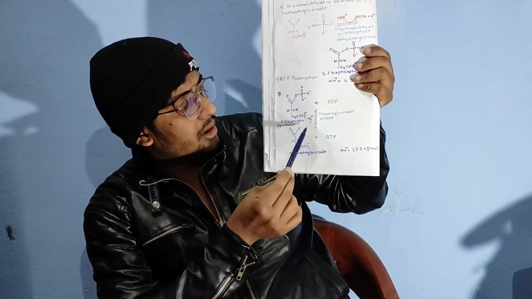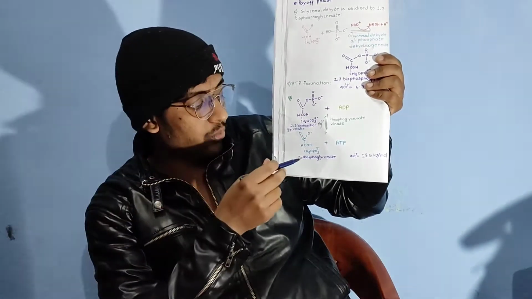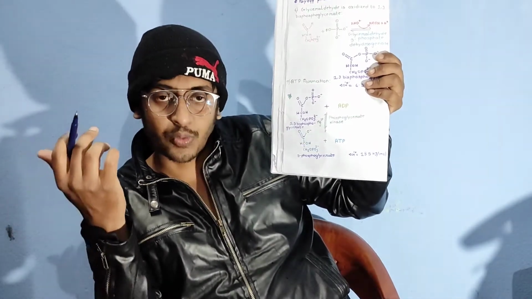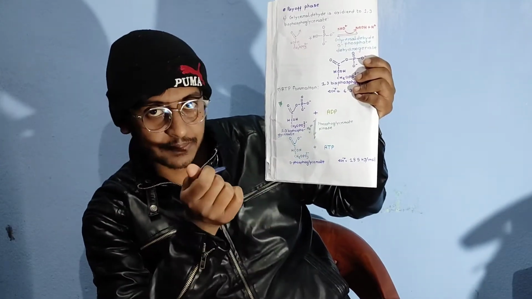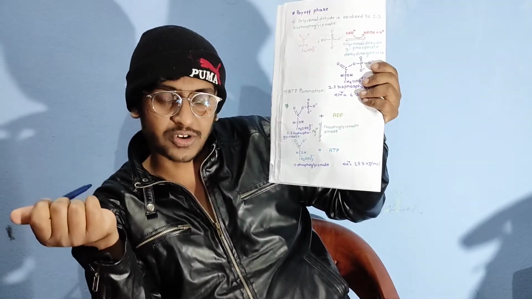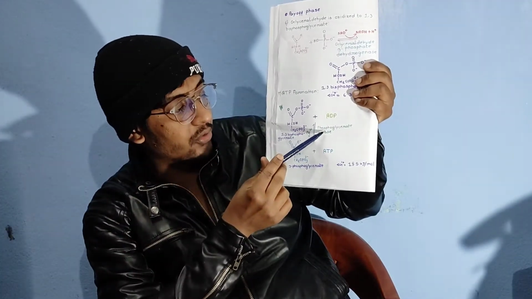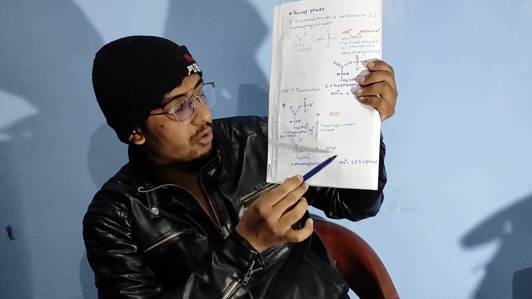1,3-bisphosphoglycerate is transformed into 3-phosphoglycerate with the help of the enzyme phosphoglycerate kinase. Mg2+ is needed for the function of phosphoglycerate kinase. The most important thing is the formation of ATP.